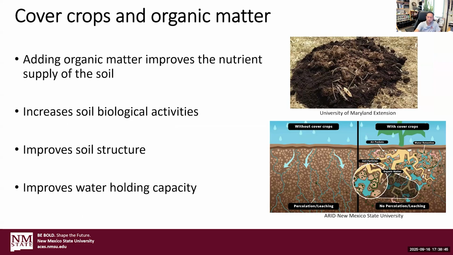And so you could see this little diagram here without cover crops, that water just percolates and leaches right through the soil.